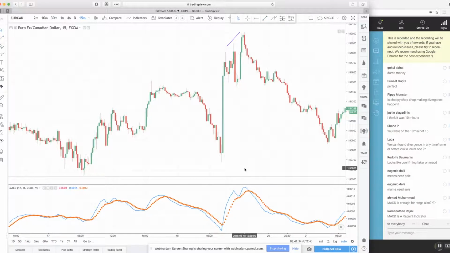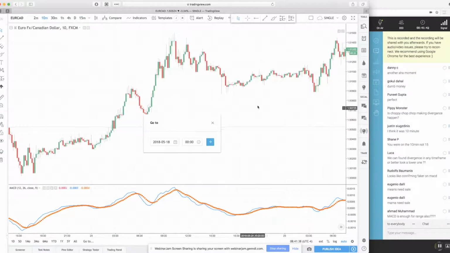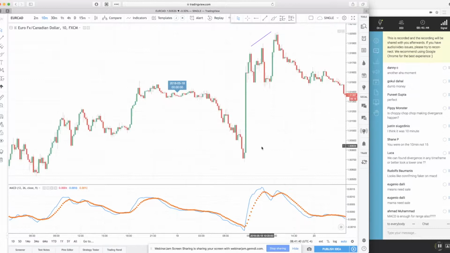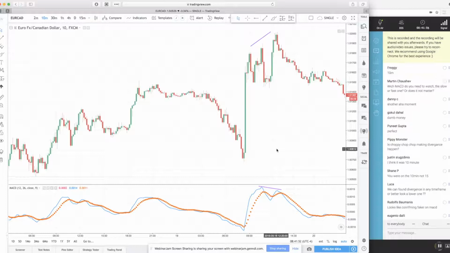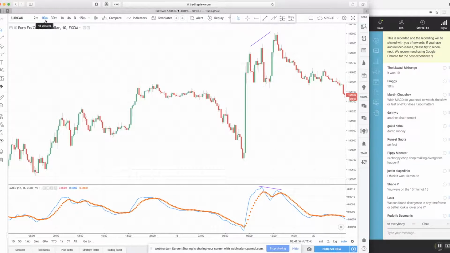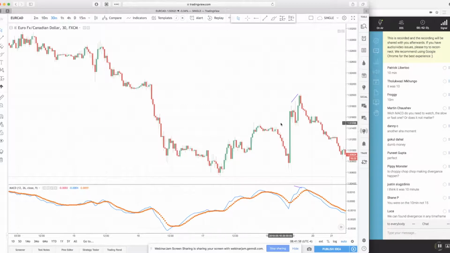Sorry, I was on the 10 minutes. Here we go. We had that issue of markets making higher highs, but no higher highs here. Let's take a look at what happens with this money that's just buying and buying and buying. Let me go up one more time frame to the 30 and then to the 1 hour to show you, are we actually in an uptrend or not?